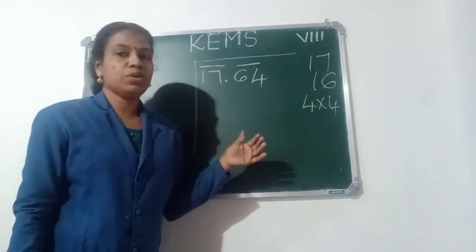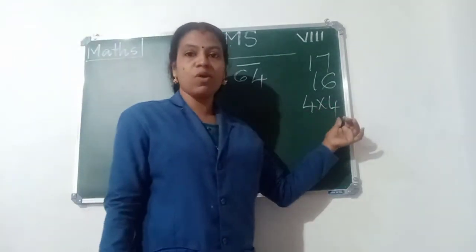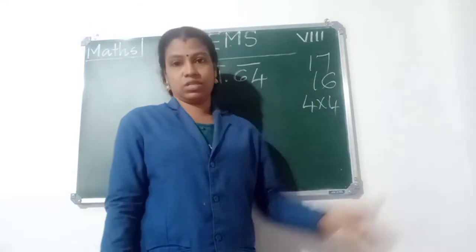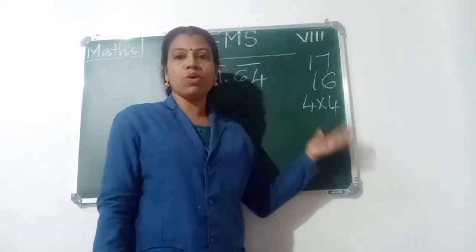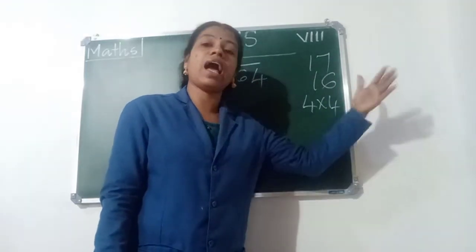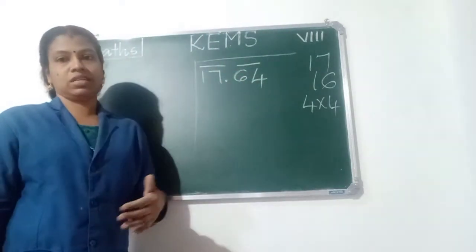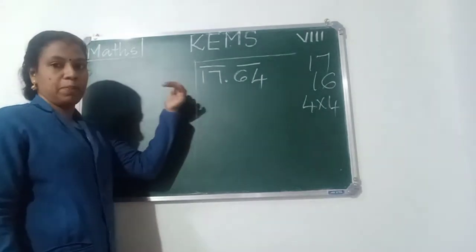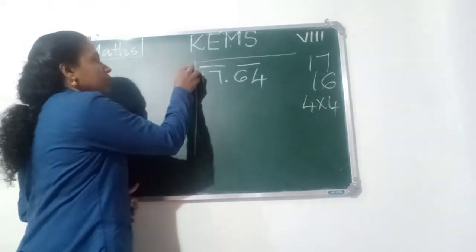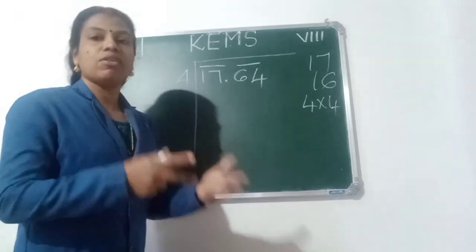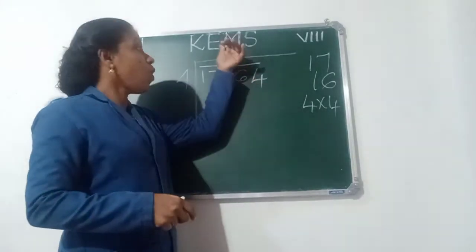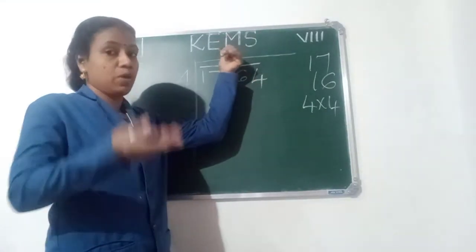So what do we do? Yes, we can write this 4 as divisor and quotient. 4 into 4 as divisor and quotient also. So this is the divisor place. Here you can write the divisor 4 and the quotient above the number.